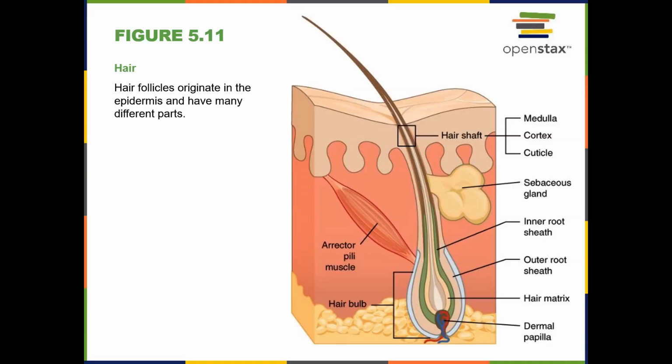Hair in the nose and ears and around the eyes helps to protect the body by keeping small particles from getting into these openings. Hair of the eyebrows helps to prevent sweat from getting into the eyes. The sensory function of the hair, we'll see there's a hair follicle receptor that can detect movement of the hair and help contribute to our sense of touch.